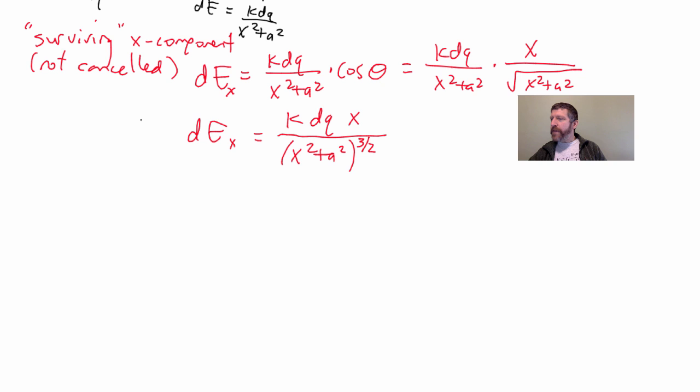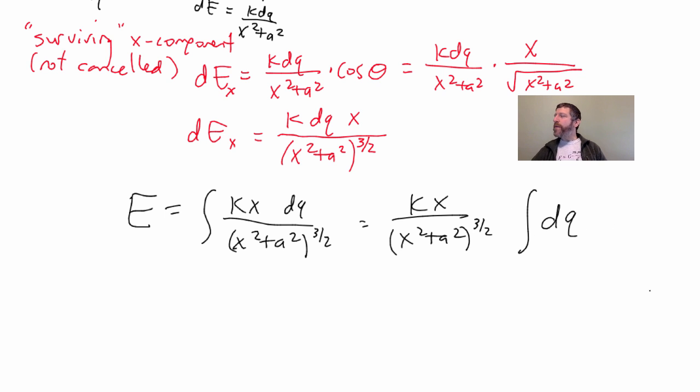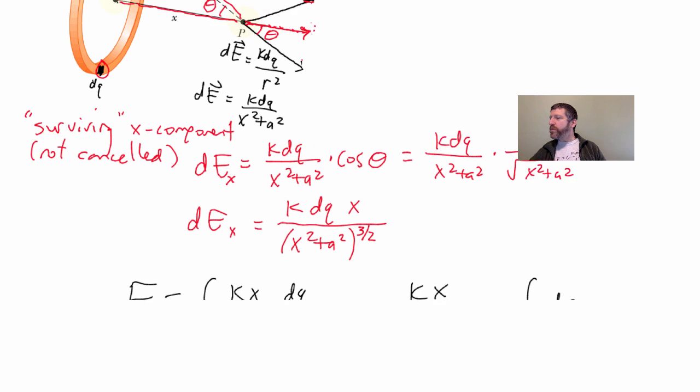So E is going to be the integral of kx dq over x squared plus a squared to the 3/2. And everything comes out except for the integral of dq. Well, that makes it very simple, because all this means is add up all the dq's.